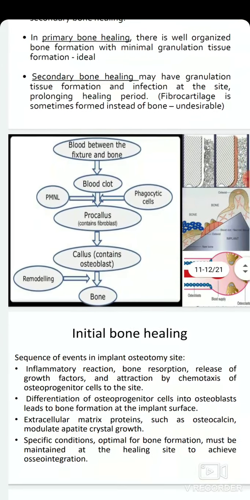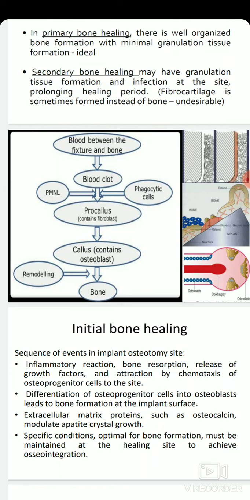So what happens when the osteotomy is prepared at the site to place an implant? The blood between the fixture and the bone is filled, and then it gets clotted, and then clot organization takes place where inflammatory cells like polymorphonuclear leukocytes and phagocytic cells like macrophages get into the surface.